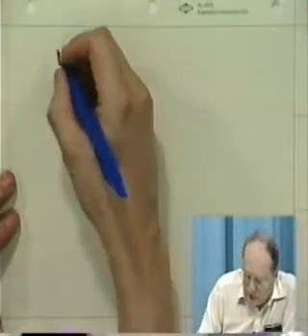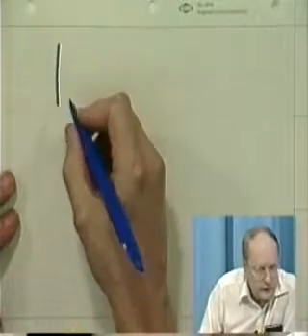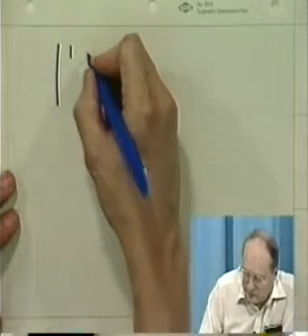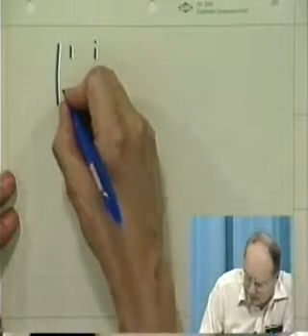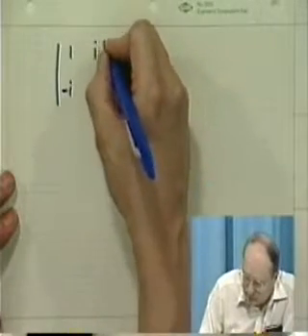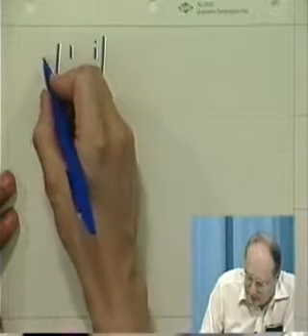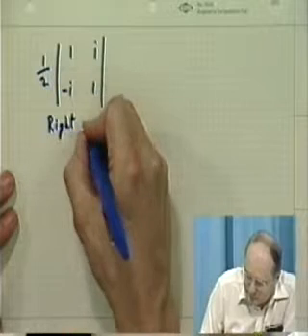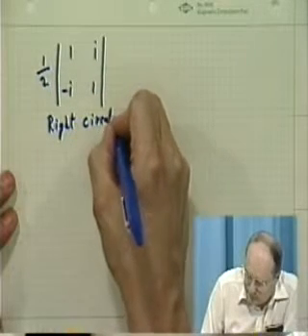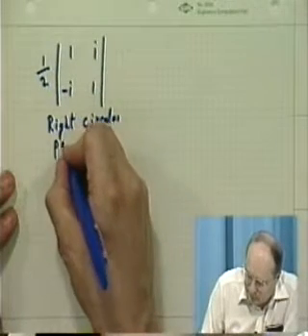So we're going to have a right circular polarizer, which if we go back and look in our notes would be 1 I, minus I 1, and a 1/2. So that's a right circular polarizer.